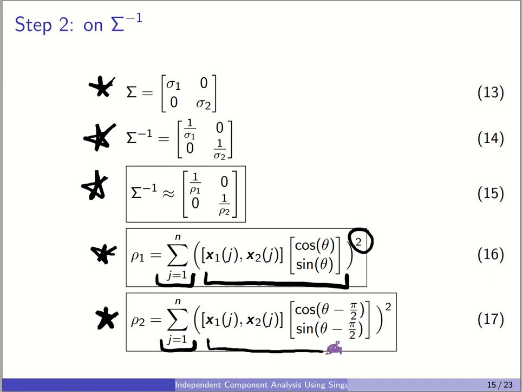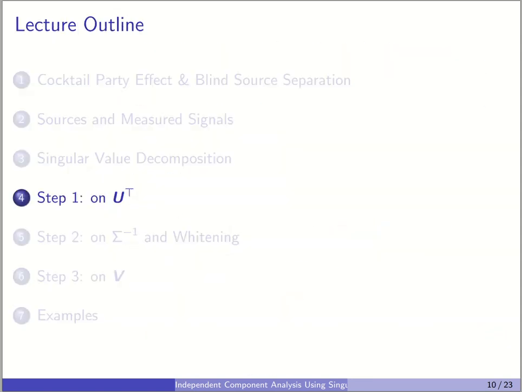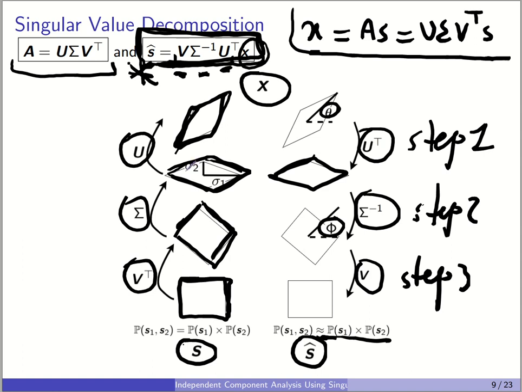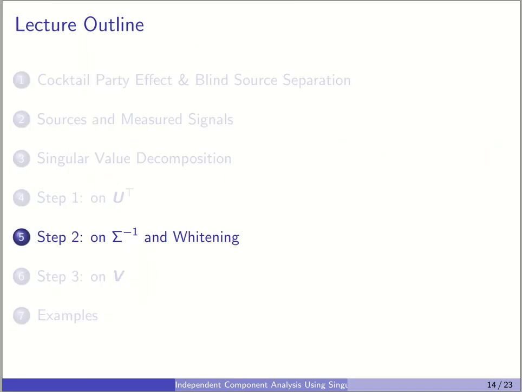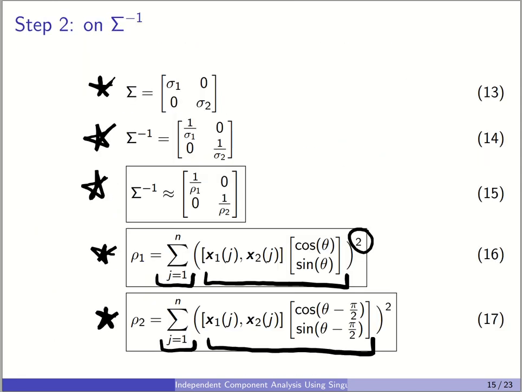And rho 2 is just orthogonal, theta minus pi, half of pi. So the angle is minus half of pi, because we want rho 1 and rho 2 to be orthogonal. Why? Because also in this figure sigma 1 and sigma 2 are orthogonal. We want rho 1 and rho 2 to be orthogonal too. Then, according to equations 15, 16 and 17, step 2 is also done.